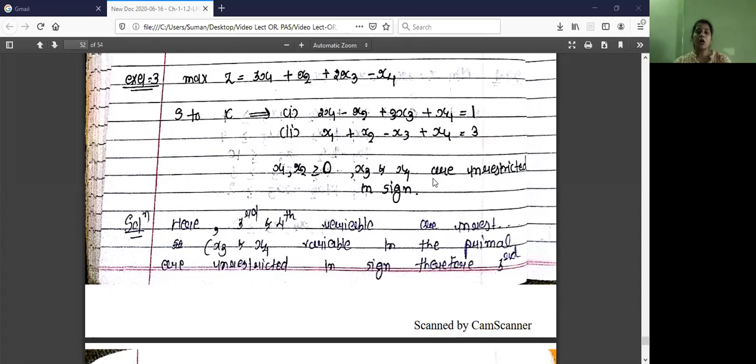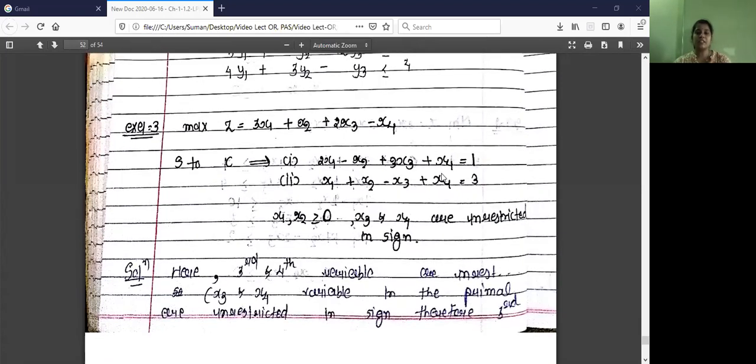Got it? We have already seen in our previous lecture the relation between primal and dual. So what is the condition? If we have unrestricted variables, which variables are unrestricted? x3 and x4. So in the dual, the third and fourth equations must be of equal to type.